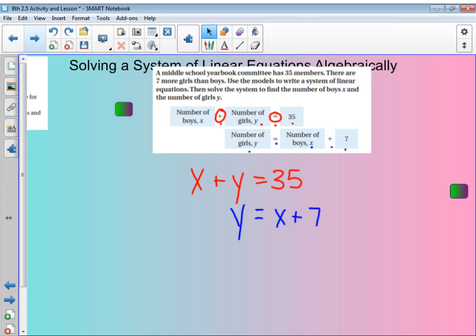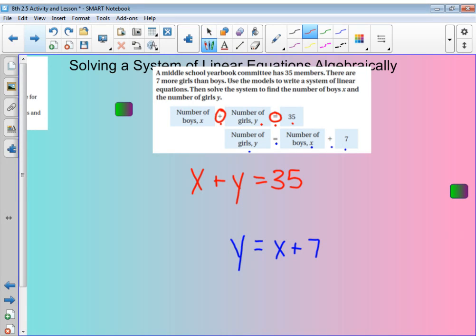I would do minus X to get rid of it. Now I have Y equals negative X plus 35.